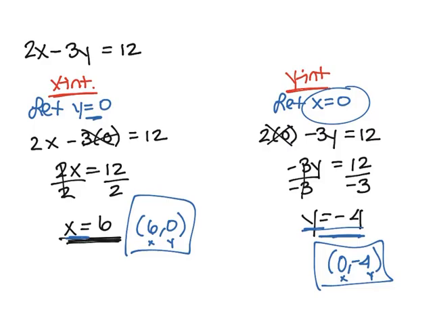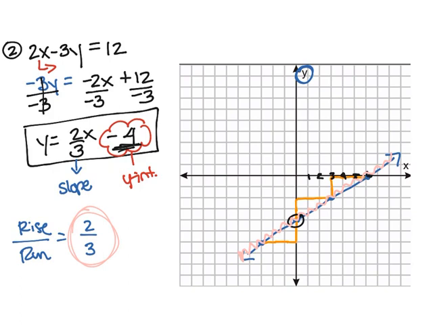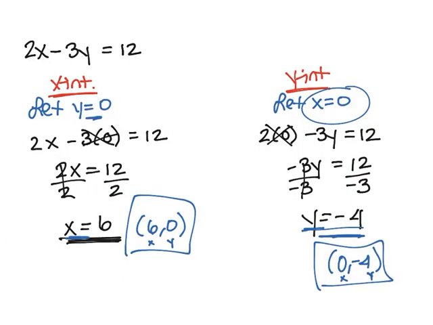Now, just to briefly recap, we looked at graphing using the slope-intercept form. Solving for y is how you put it in slope-intercept form. The number on x would represent our slope, and the other number would represent our y-intercept.